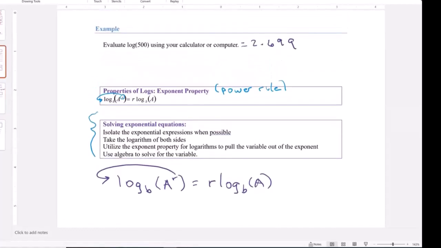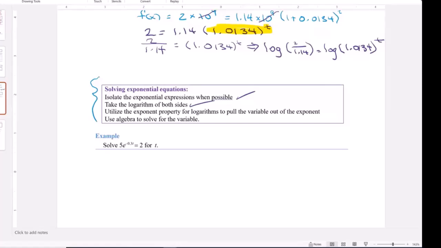So here's where I left off. I can say that the log of 2 divided by 1.14 is equal to, using the power rule, t times the log of 1.0134. Okay? Done.